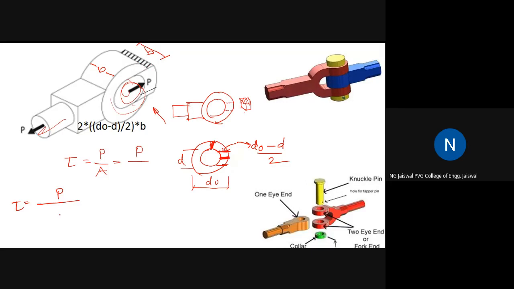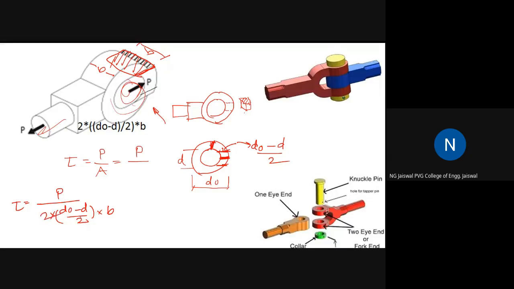So one dimension of the rectangle is (DO minus D) divided by 2, that is this dimension, into this dimension, into B. Whatever I have written so far is equal to this area. A similar area is there on the bottom side also. That is why into 2.